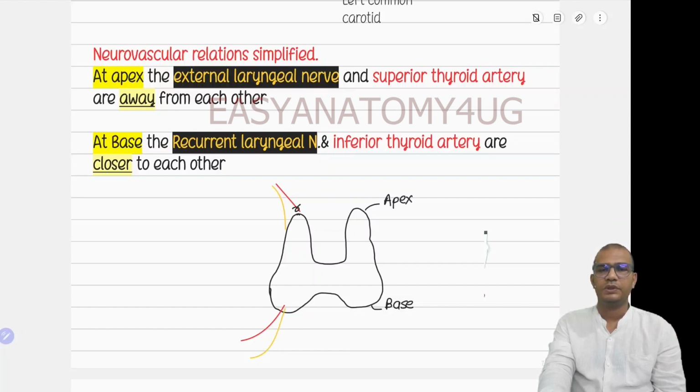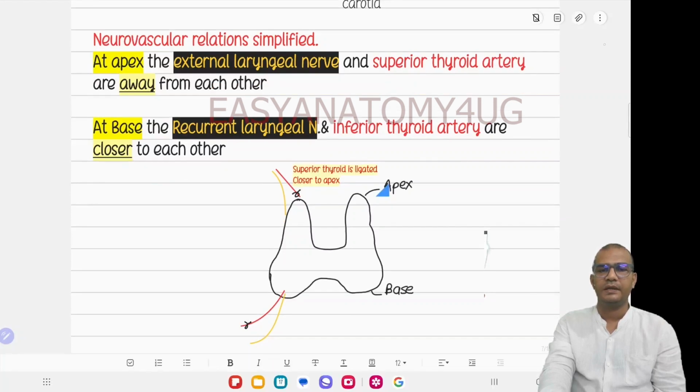They are moving closer to each other near the base, so the inferior thyroid artery should be ligated away from the base. So I hope the neurovascular relations are clear now.